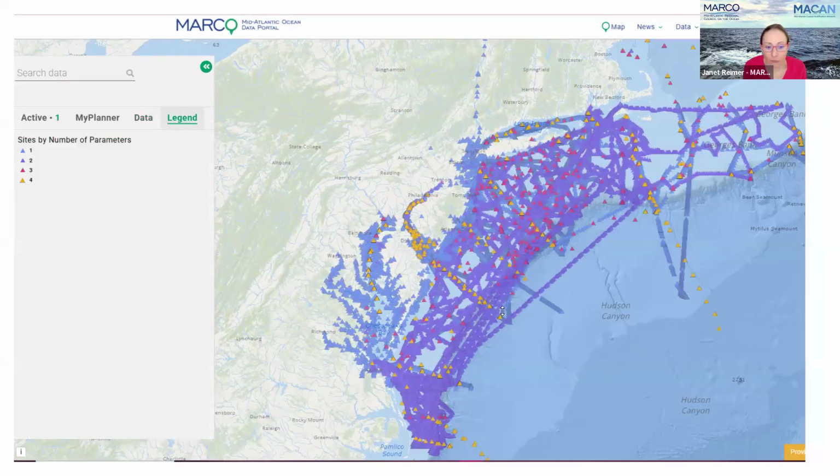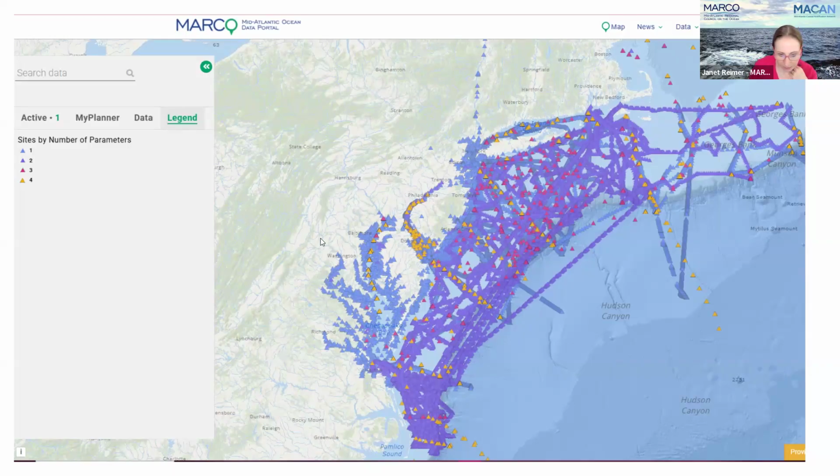Then of the 4 parameters, and this is why I mentioned earlier that this was important, if you have only one parameter that was actually measured in the water, that's it. You just have that one parameter. You can't calculate anything else. Those are the light blue triangles. You'll notice one of the great things we have is data all the way up into the Hudson River and several other rivers as well.